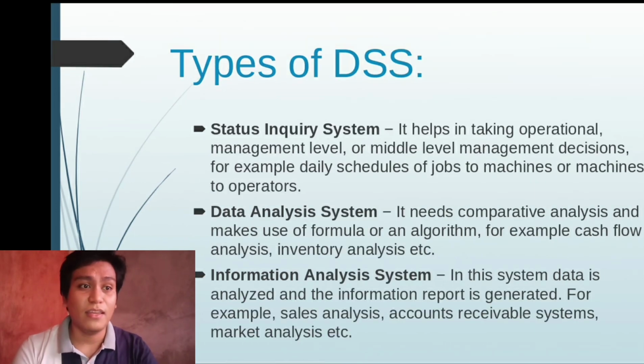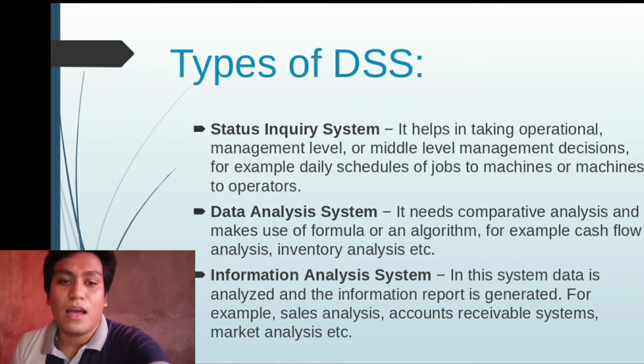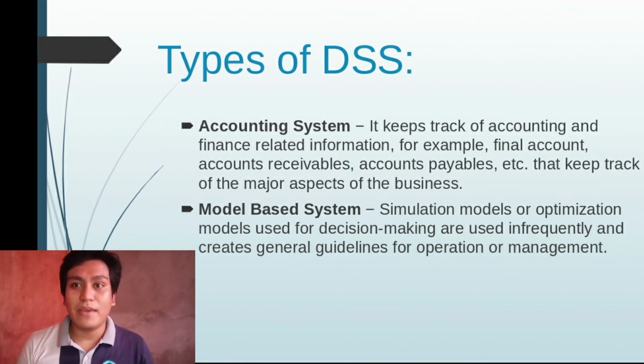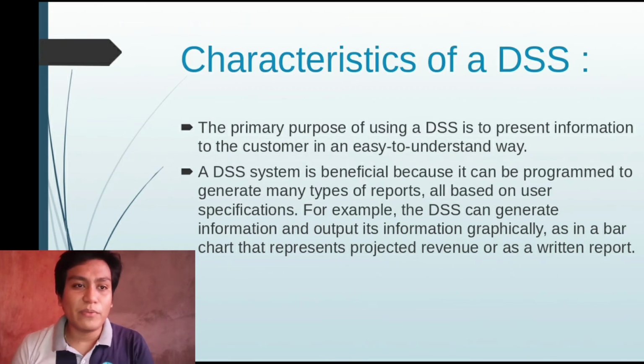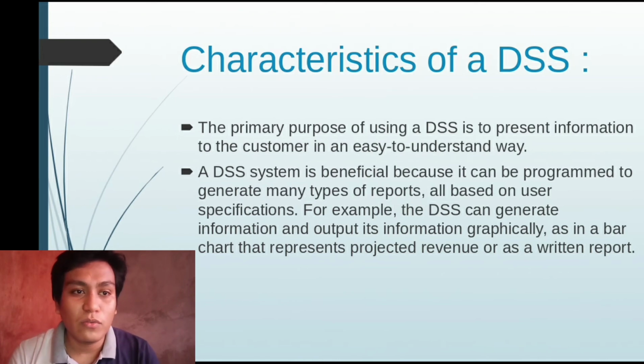Types of DSS: status inquiry system, data analysis system, information analysis system, accounting system, and model-based system. Characteristics of the DSS. The primary purpose of using a DSS is to present information to the customer in an easy-to-understand way.